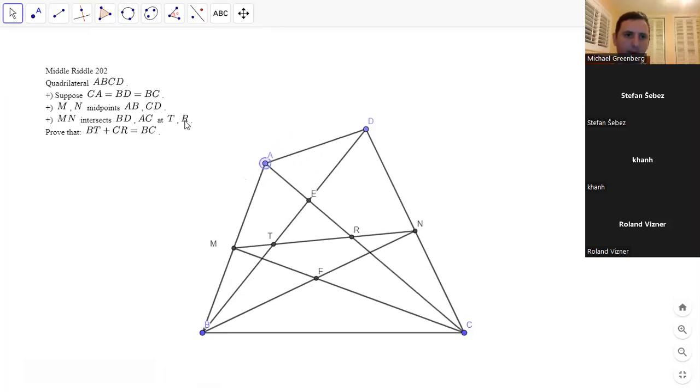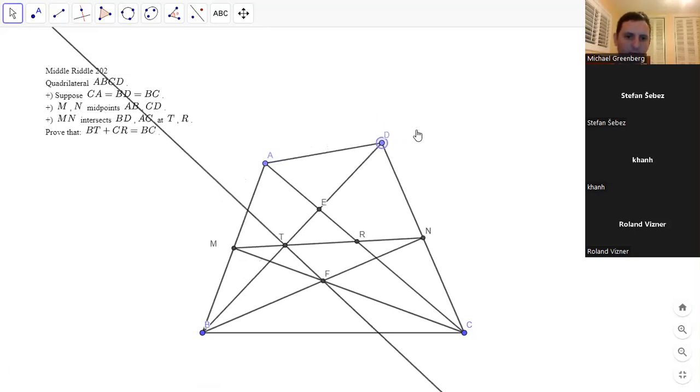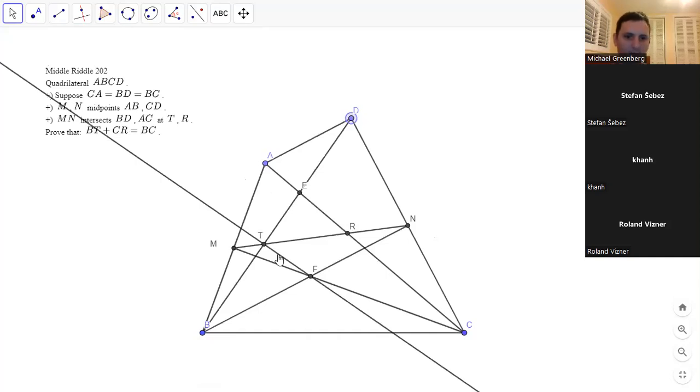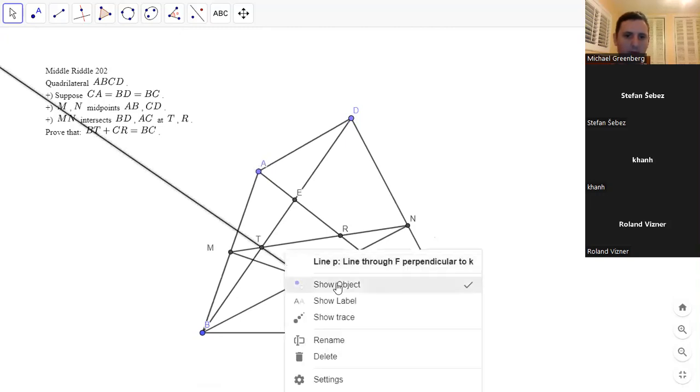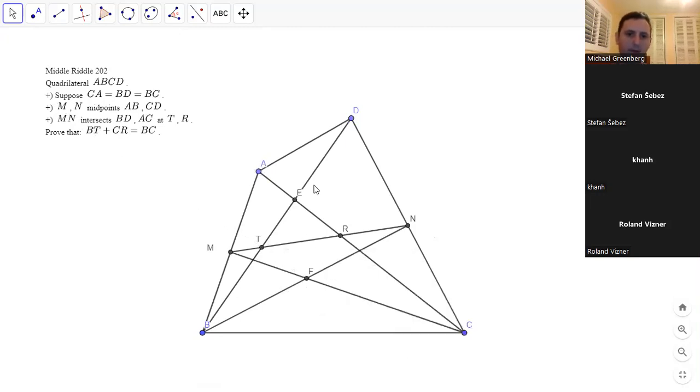Maybe they are the feet of the altitudes from F to the two sides. Oh yeah, it looks like they are. Is that obvious? So F is the incenter of EBC. Oh, I think it is. This is by the Iran lemma, right? Oh, yeah. D is like the reflection of C over the bisector, and also A.